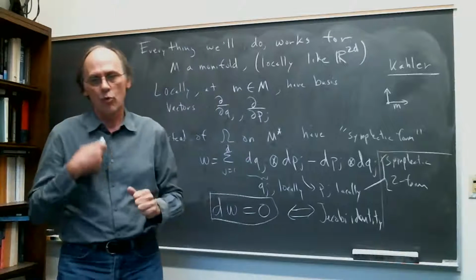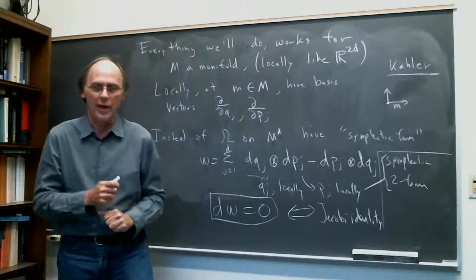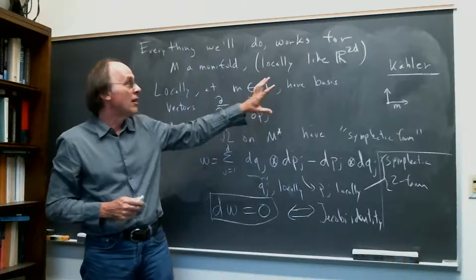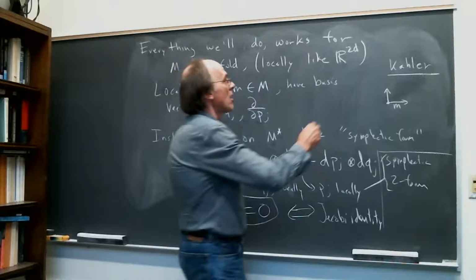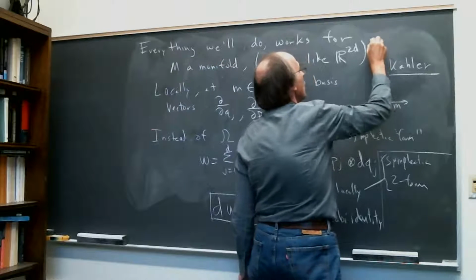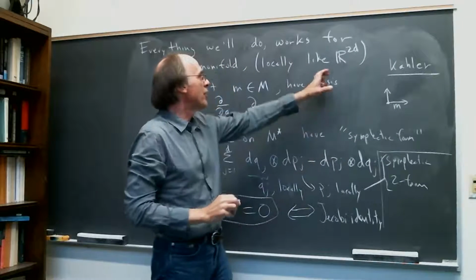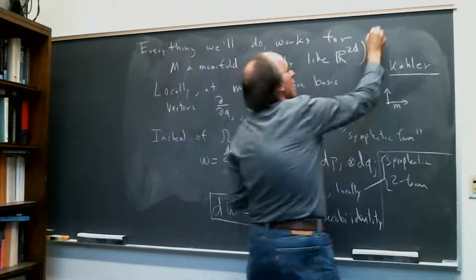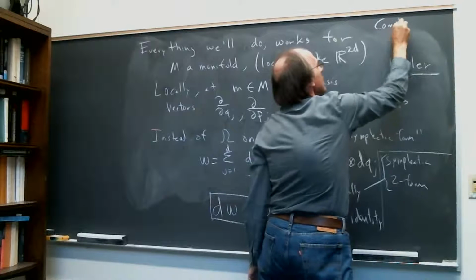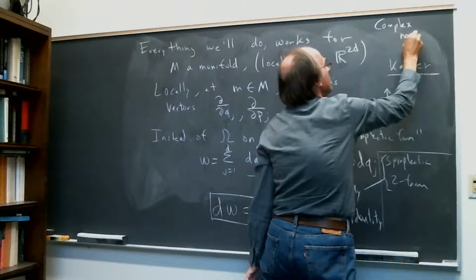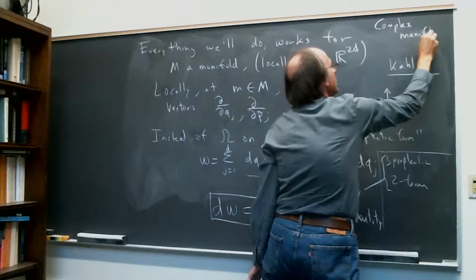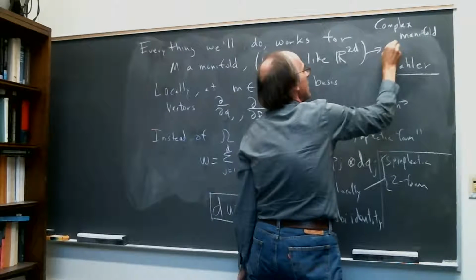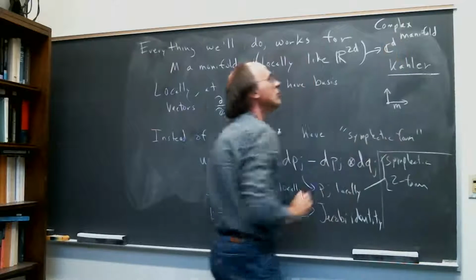Now, if you want to get even more tricky and more advanced, maybe what you heard about, you can ask, what if you're doing geometry on a complex manifold. A complex manifold locally looks like C^d.